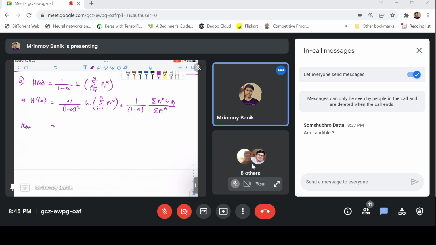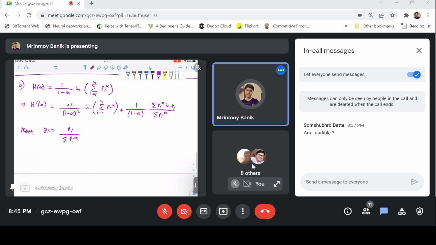Okay, so now zi, from the question it was defined zi to be pi power alpha over sum over pi power alpha, right? Yes, there was an alpha there. So we can take this sum over, so then the second term becomes, so this thing becomes... Is it clear now? I think so.